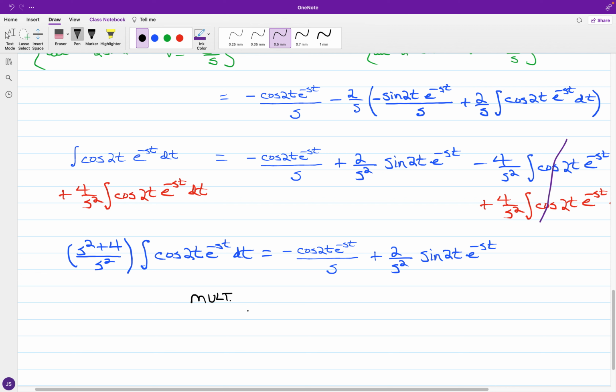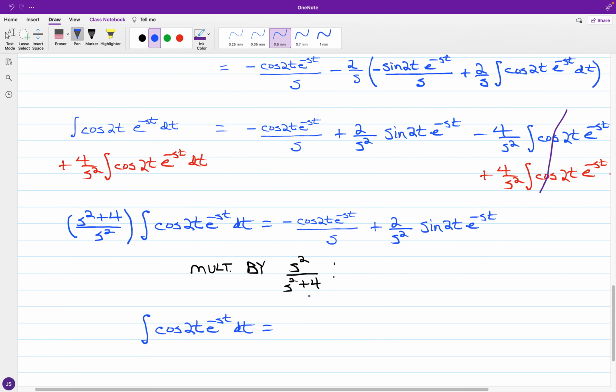In other words, divide by the coefficient. So I'm just going to multiply by the reciprocal, s squared over s squared plus 4. So we have s to cancel out, so we have 1 degree in s left over.